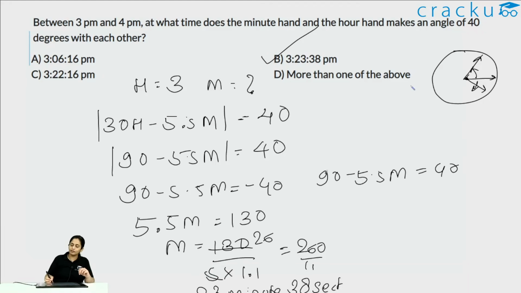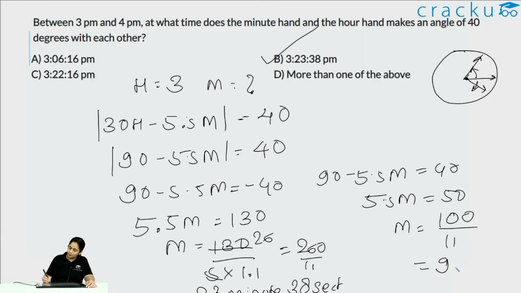Because more than one of the above is also an option, I will also check the other case, which, if it leads to a valid answer, would give me two answers. So this would mean that 5.5m is equal to 50, so m is equal to 100 by 11, which is 9.09 something.